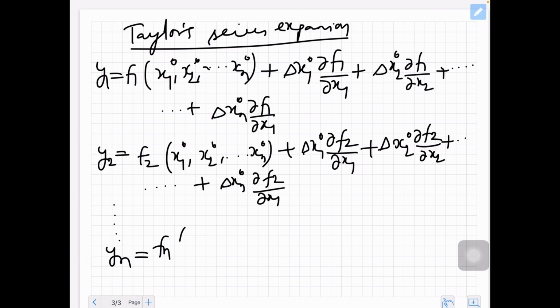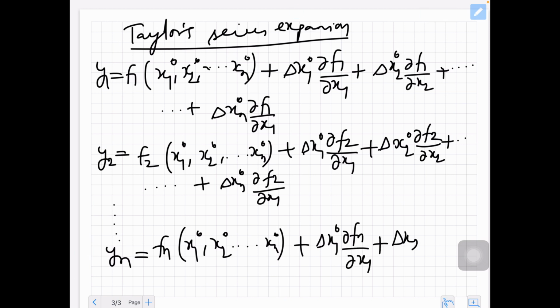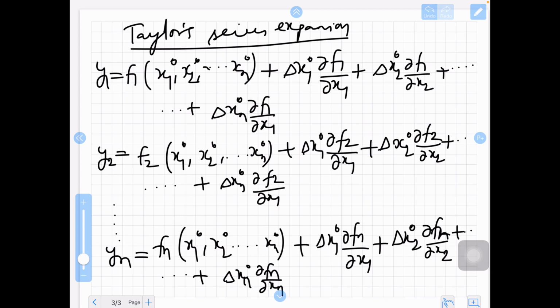So this is fn of x1 naught, x2 naught, similarly xn naught, plus delta x1 naught dou fn by dou x1, plus delta x2 naught dou fn by dou x2, plus etc. Plus the last term is delta xn naught dou fn by dou xn.